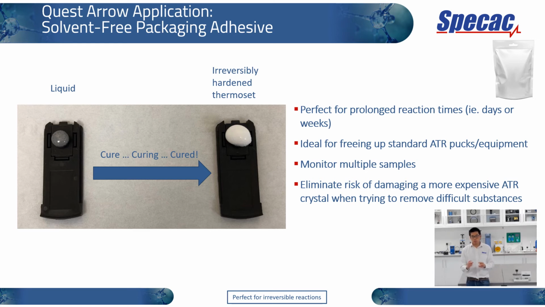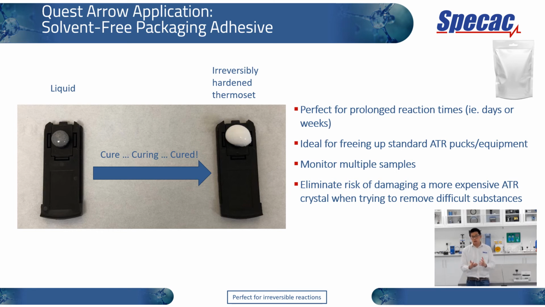And once this thermoset is set on your crystal, in this case it's actually a silicon wafer in the Arrow product, it's going to be very hard to remove that thermoset from your silicon wafer or your ATR element. So the question you want to ask here is, would you rather risk your less expensive product, the consumable Arrow, or do you want that to be sticking onto your more expensive ATR crystal?